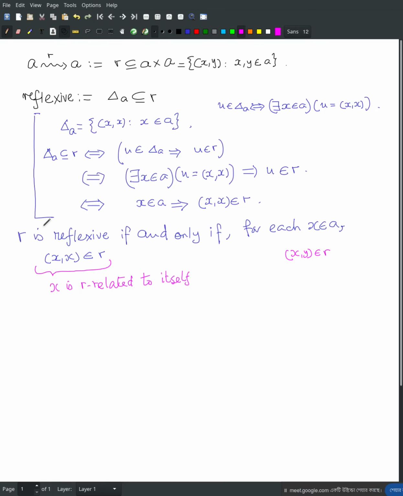Alright, so R is related to itself, and whenever this happens, we often say that X is R related to Y. That's one way of saying it. We also often write a peculiar infix kind of symbol like this.